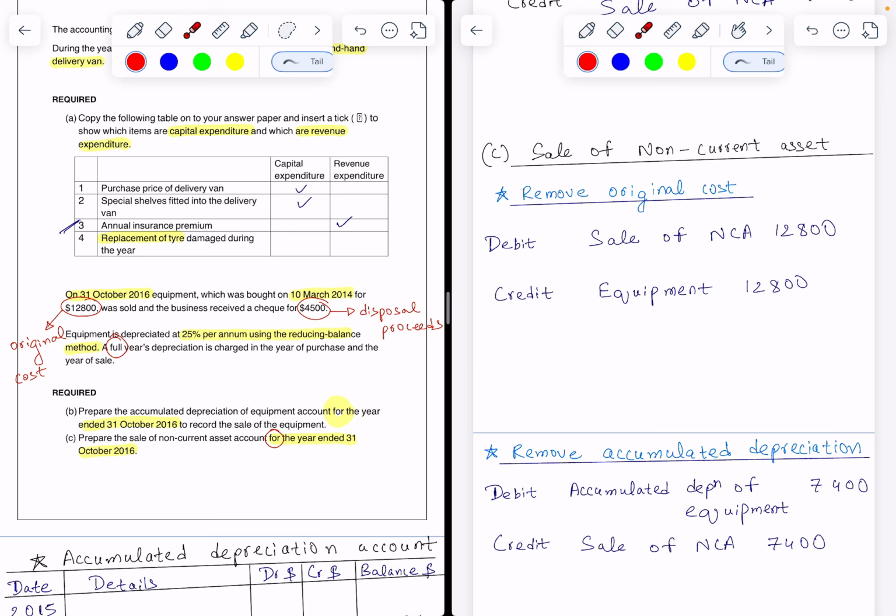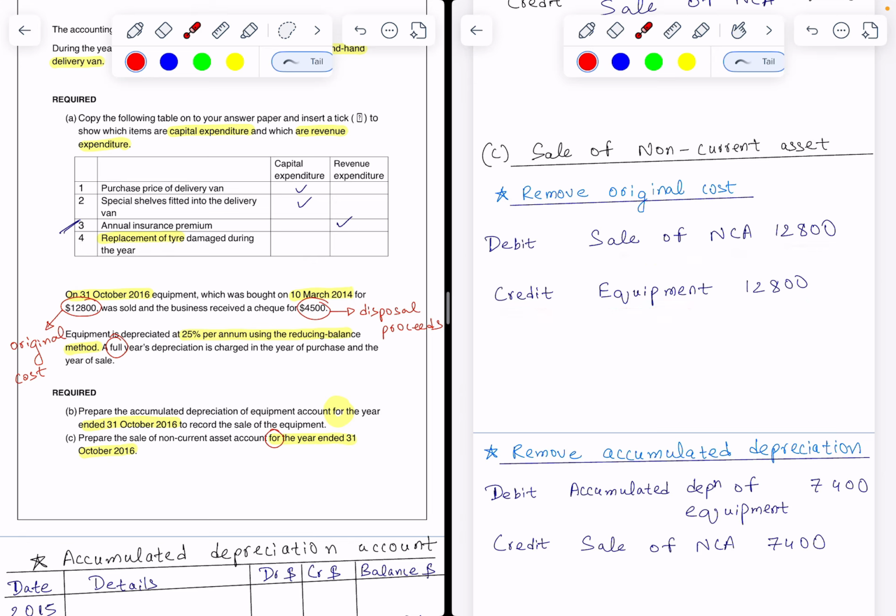Now that we have sold it, and this asset is no longer in the books, we have to reduce this asset, right? And when we reduce assets, we credit them. So we're crediting the equipment account by $12,800, and the corresponding debit entry is obviously the sale of non-current asset account by $12,800.